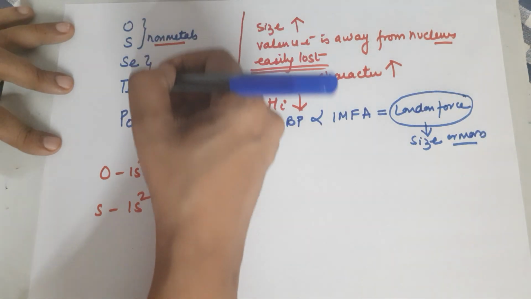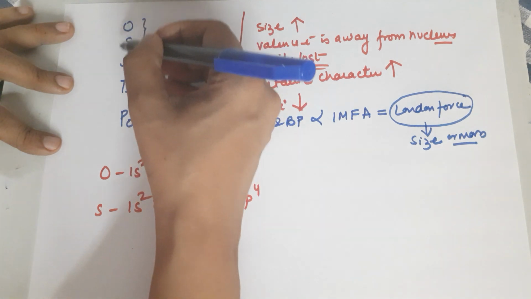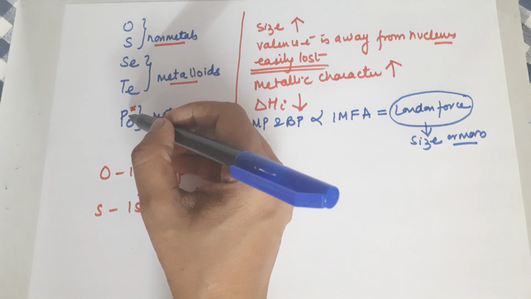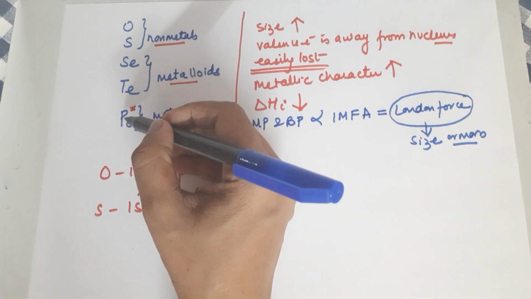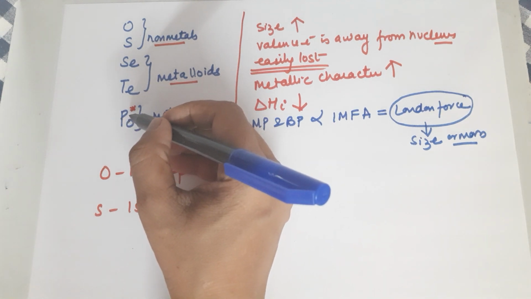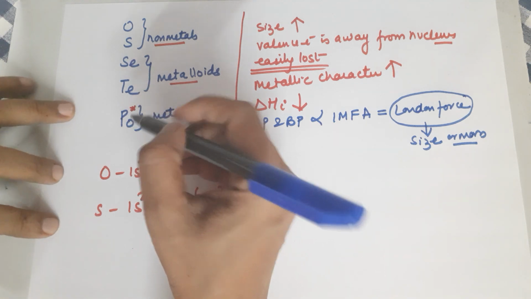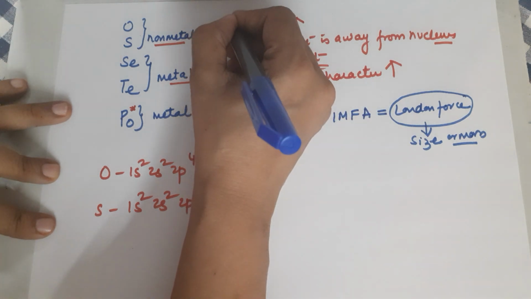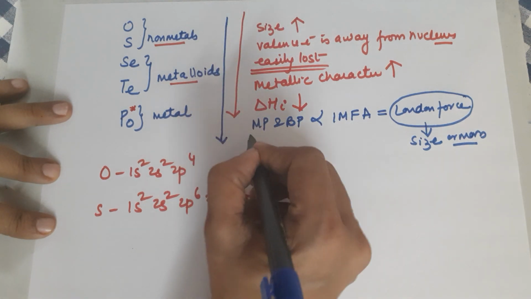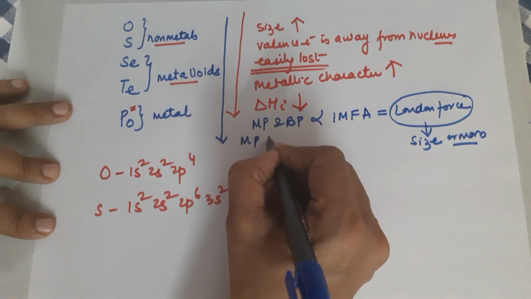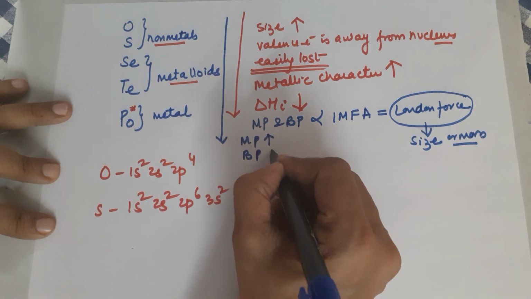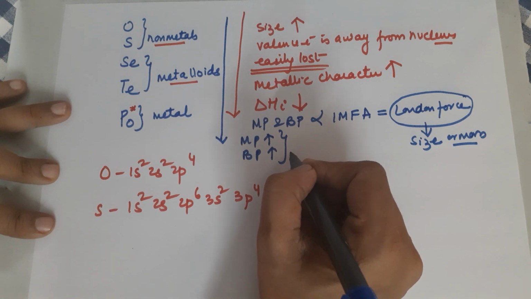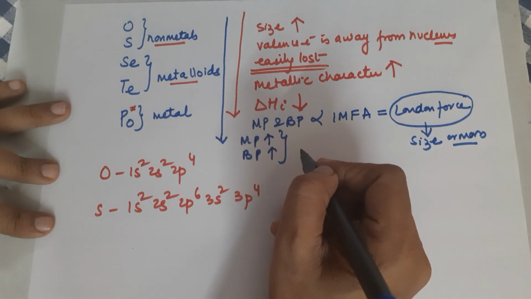As we go down the group, always the size would increase and the mass would also increase. Hence, since the mass is increasing and the size is increasing, the intermolecular force of attraction will increase. Hence, on moving down the group, your melting point would increase, boiling point would also increase. That's a property universally true for all the groups in the P block.